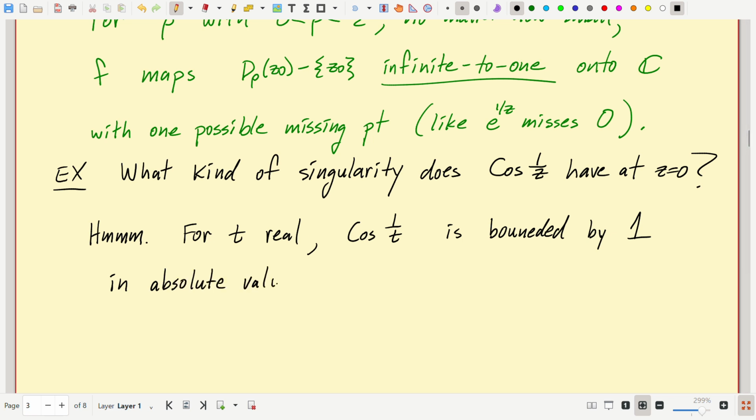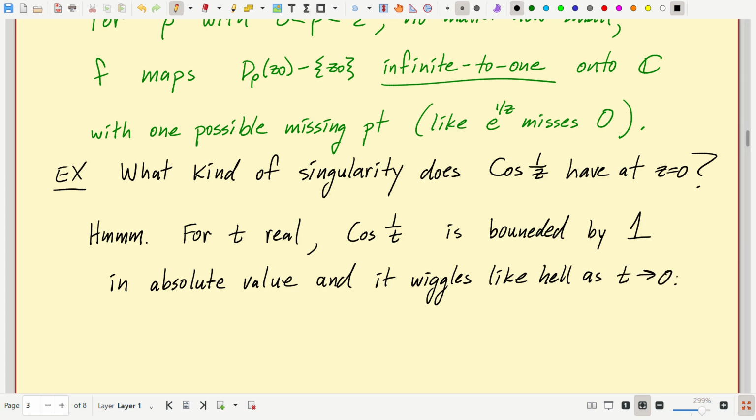And it wiggles like hell as t tends to 0.